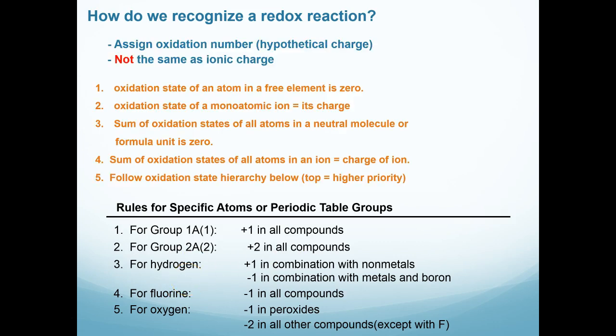So we have some rules, and something we want to keep in mind is that an oxidation state is not an actual charge, it's a hypothetical charge. It assumes that the most electronegative atom has all the bonding electrons. Okay, so it's a hypothetical charge, right? But here are a few rules. The oxidation state of an atom as a free element is 0.